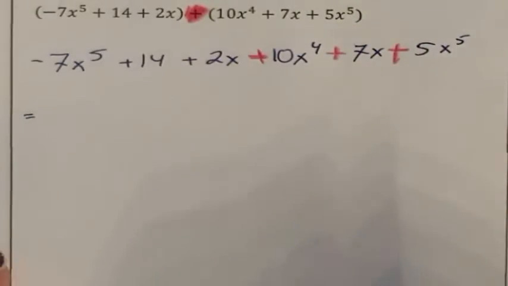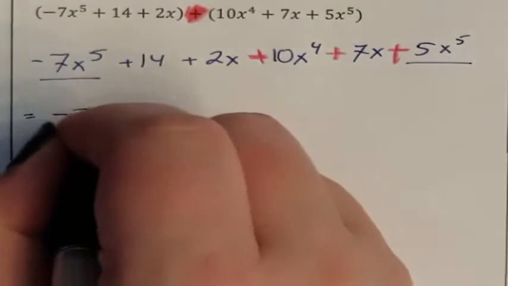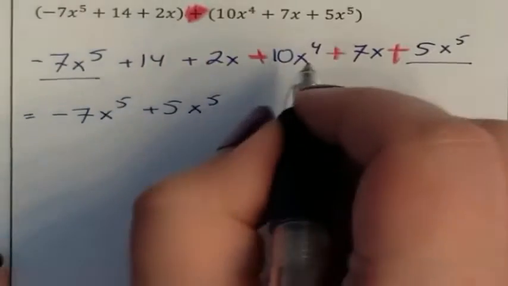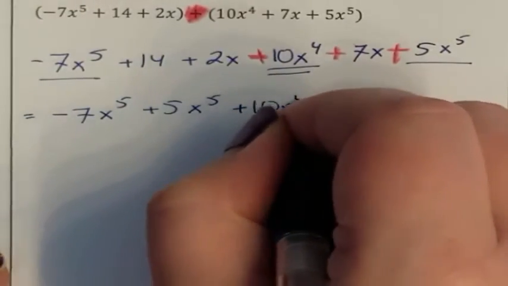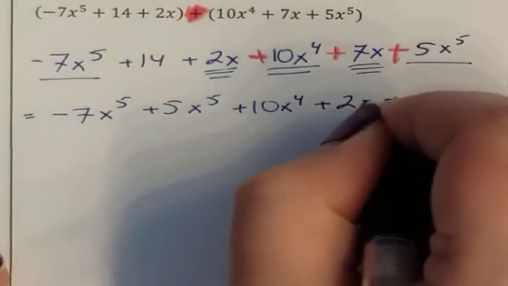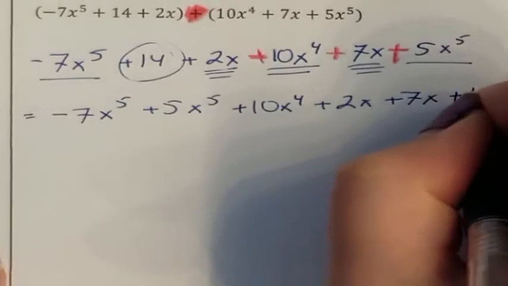So putting like terms next to like terms so I can see this easier, my fifths need to go with my fifths, so that's a negative 7x to the fifth plus 5x to the fifth. My x to the fourths need to go with x to the fourth. It appears that he is the only one. My x's go with my x's, so that's a 2x and a 7x. And the last thing left is a constant, and he is my only constant.